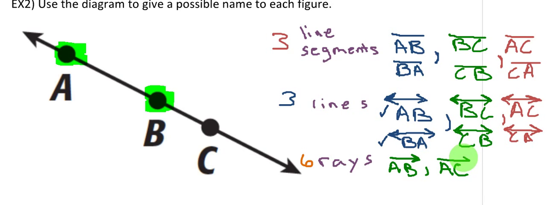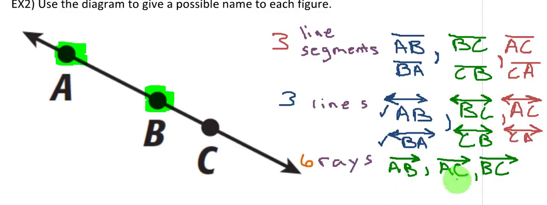Now it looks like we might be running out of ways to express this information, but there is also BC here which we could use. But we can go in the opposite direction. So you don't necessarily have to move from left to right. My starting point could be point B, but this time I'm going to pass through point A.